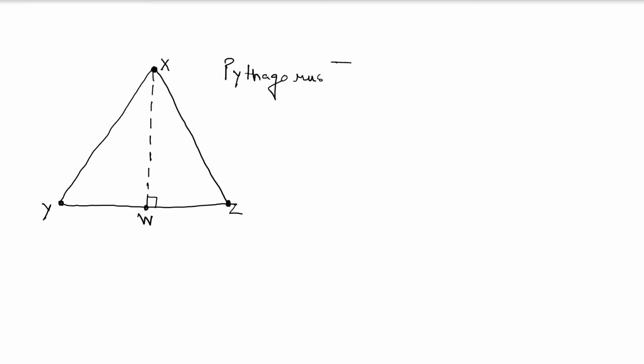So Pythagoras theorem says, when we talk about triangle XYW, in triangle XYW we can say that XW whole square, which is the perpendicular, is nothing but the difference between the square of the hypotenuse and the square of the base.